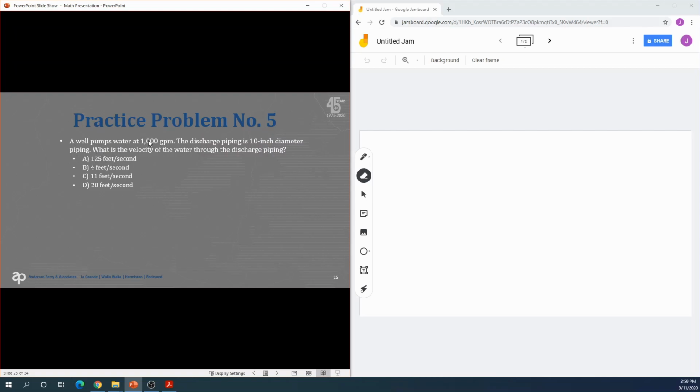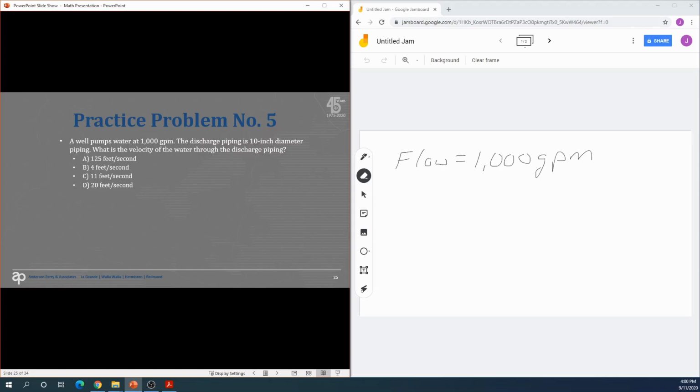So we know our flow rate. So flow is equal to 1,000 gallons per minute. Now, our solutions are in feet per second, so let's convert everything into feet.